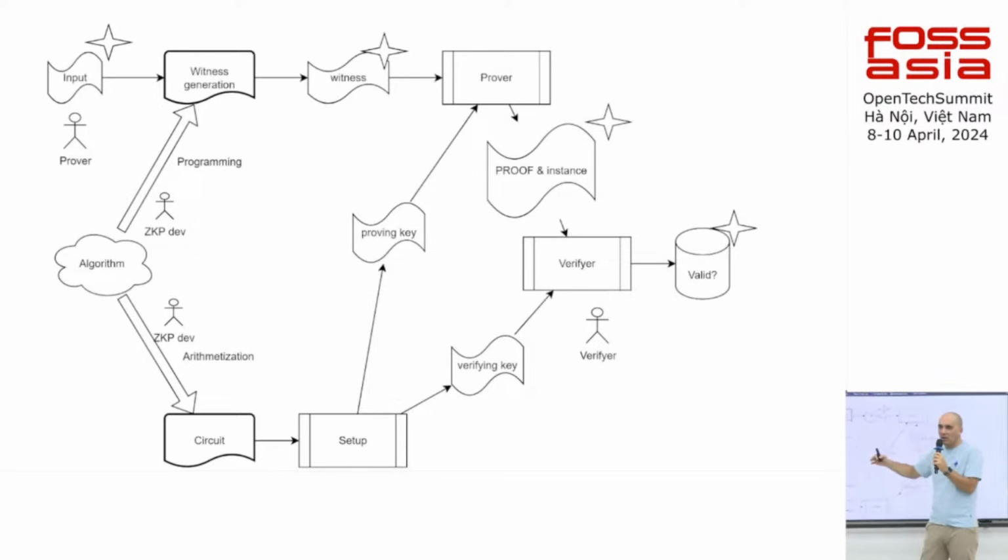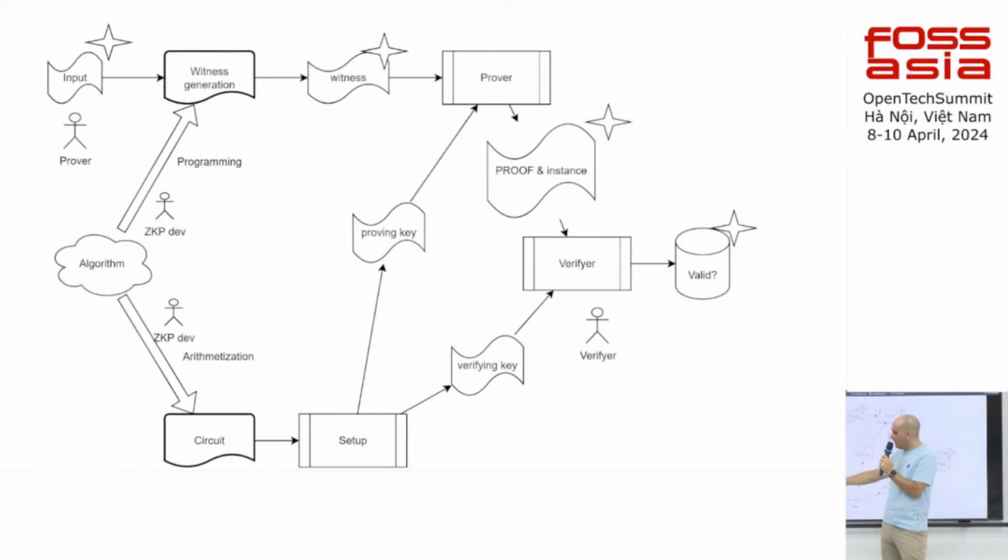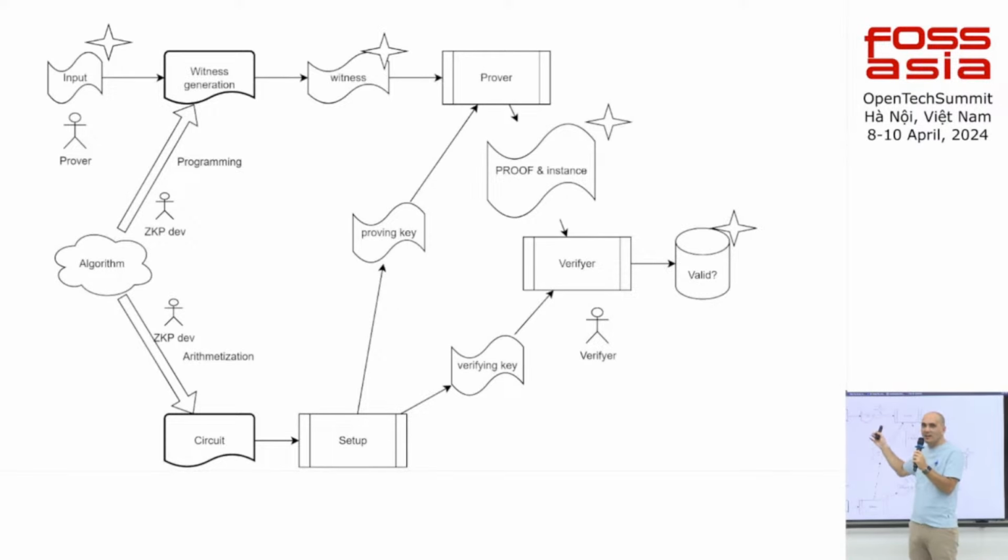So for example, for a Sudoku, the arithmetization defines what Sudokus are valid Sudokus. And the witness generation will build the intermediate values to calculate the Sudoku itself. And then from this circuit, the setup of the proving system will generate a proving key and a verifying key. Okay? And then this is executed many times, for each input.